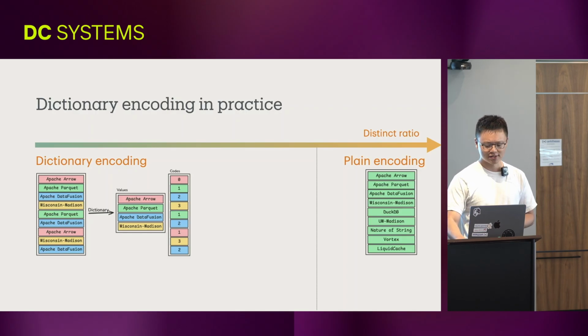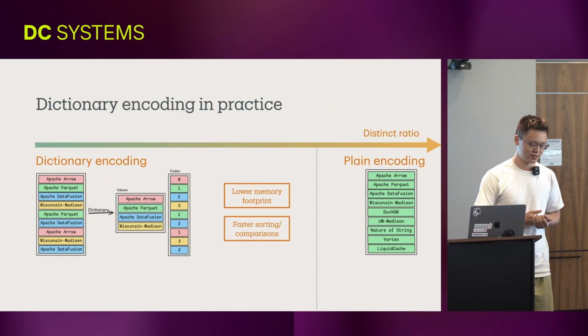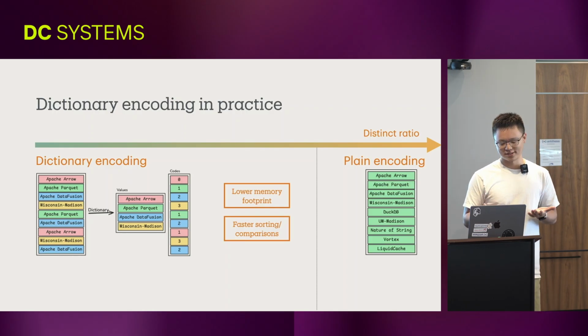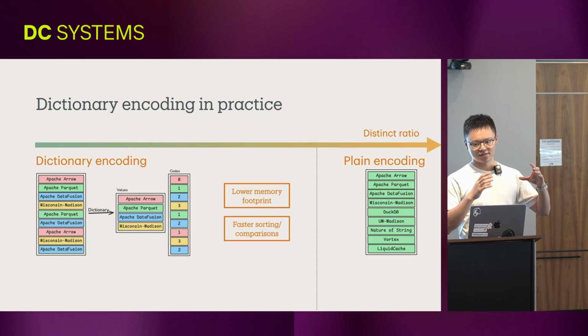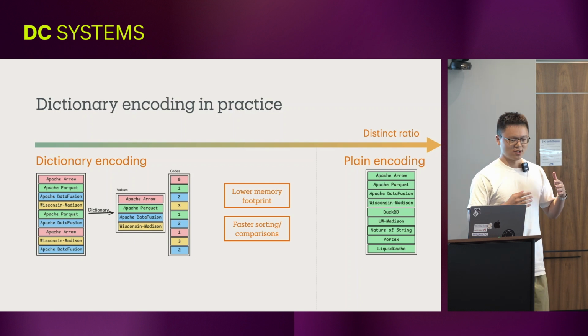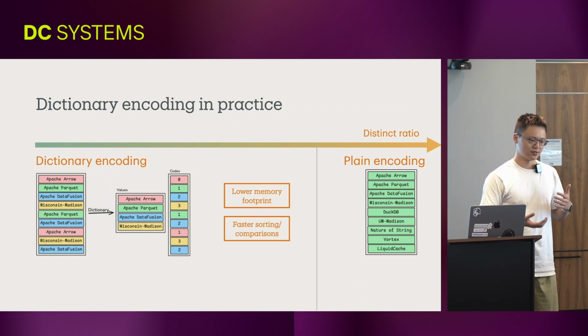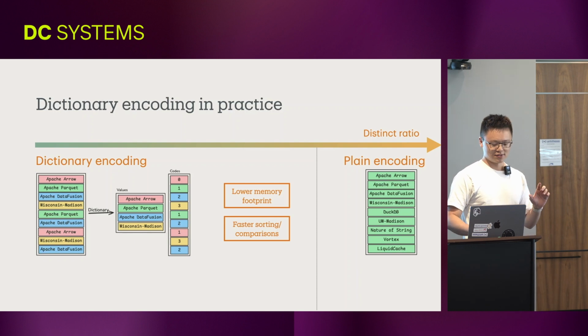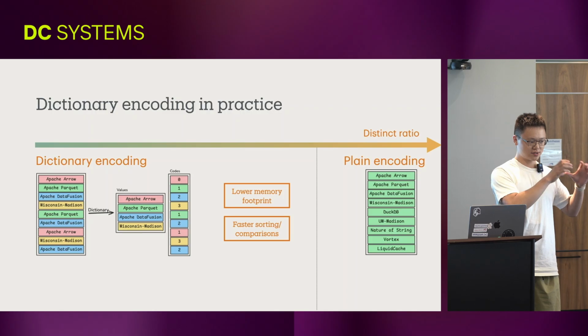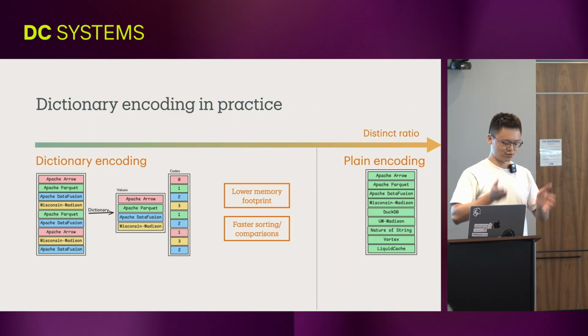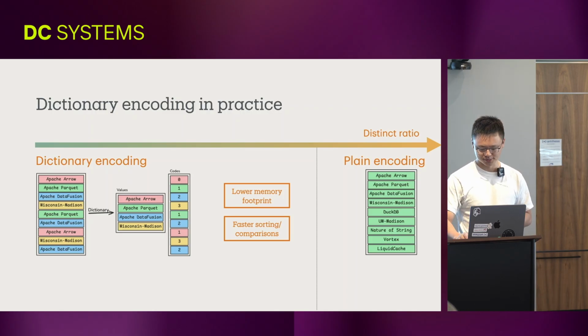So dictionary encoding is obviously very important for strings because a lot of data has a low distinct ratio. It helps us save memory footprint. It gives faster sorting and comparison, like filtering. For example, if the string has a low distinct ratio, we can sort the dictionary instead of sorting the entire strings in the string column.